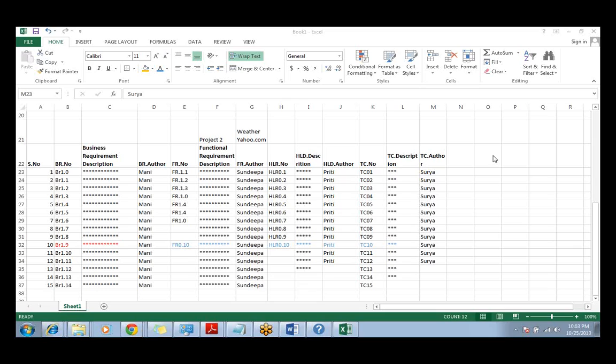So as you see, the Yahoo trending now has a different functionality, a different objective, and different people worked on it. On the other hand, the other project for Yahoo, which was the weather forecast, has its own objective, its own design, its own requirement. That is what your project is.